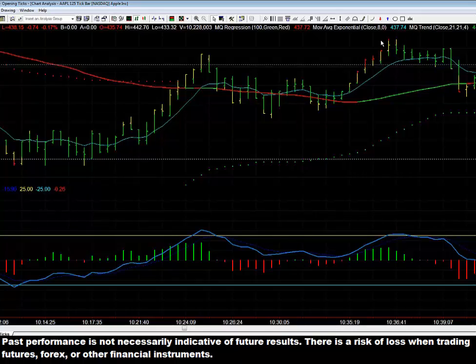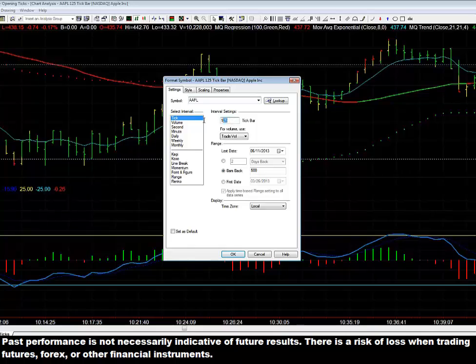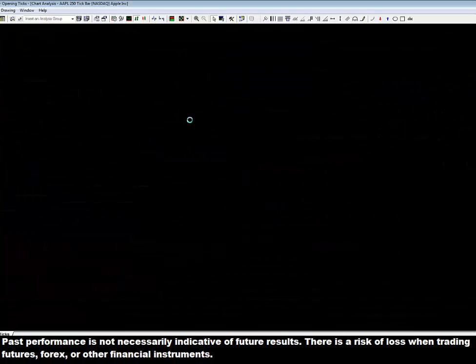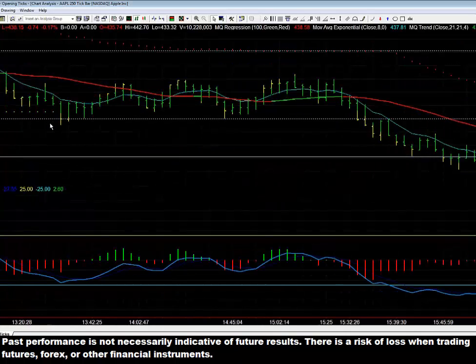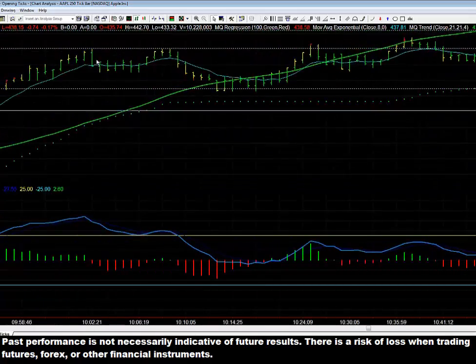And sometimes it's hard to catch that move. It's just as hard on a 250, but on 125, it could be much harder to visualize. See how it looks smoother now? Again, here's that same divergence from earlier. So that's why we use a 250 tick bar chart.